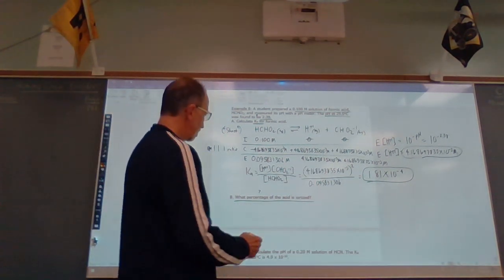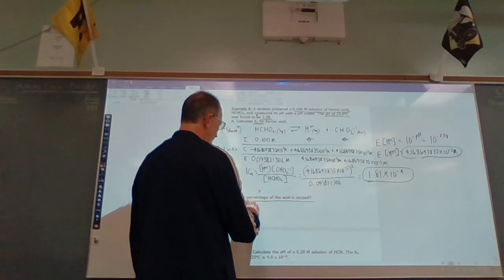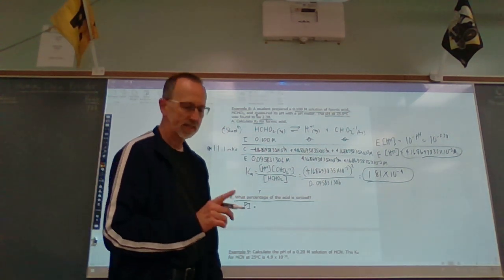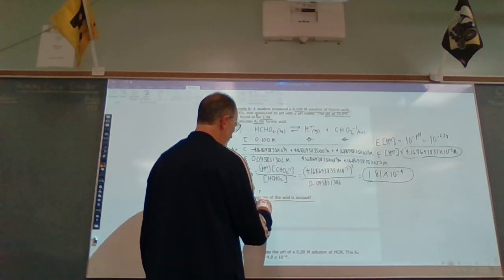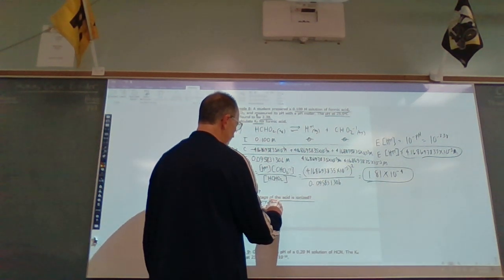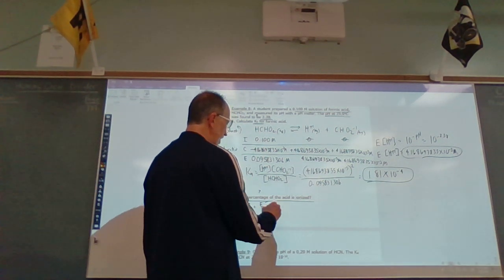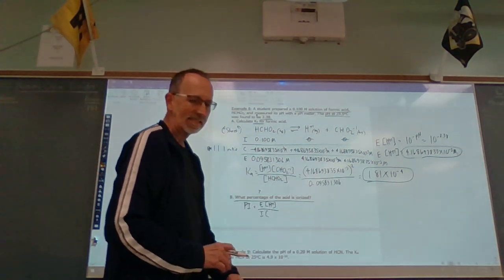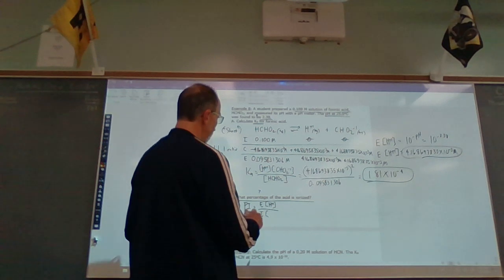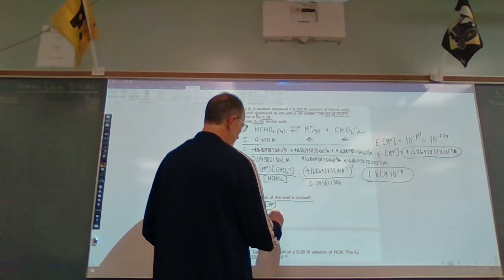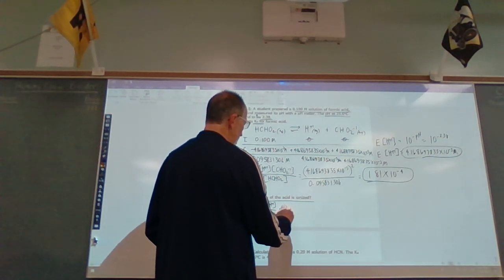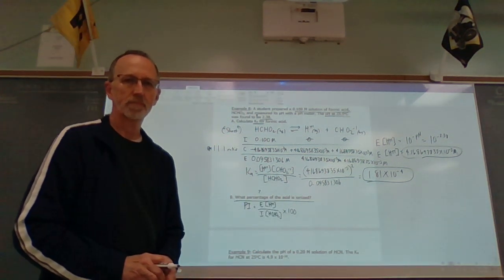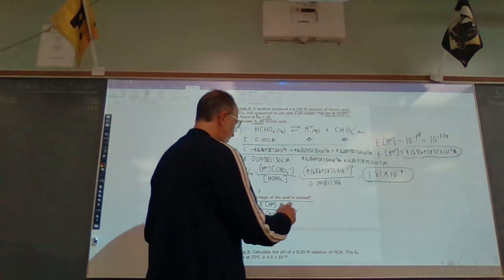So the percent ionization of a weak acid is equal to its equilibrium hydrogen ion concentration over its initial acid concentration, which in this case is formic acid, times 100.